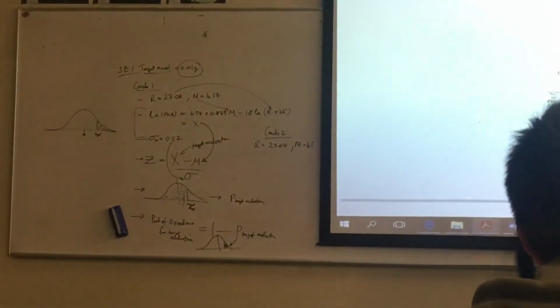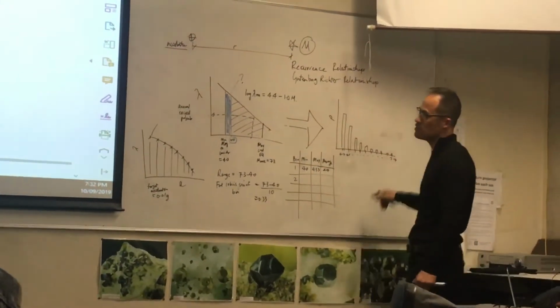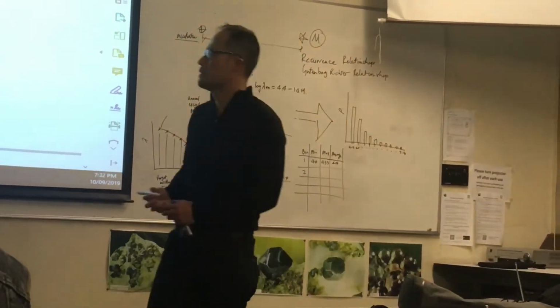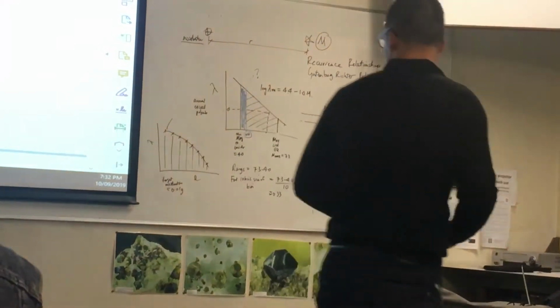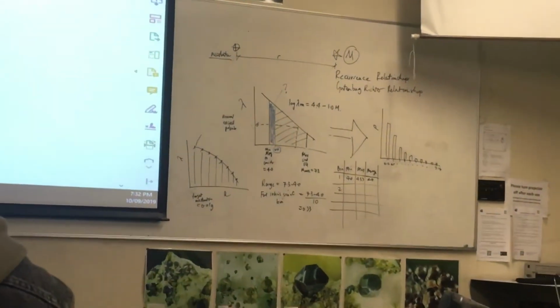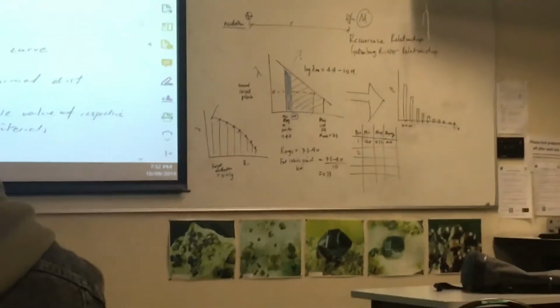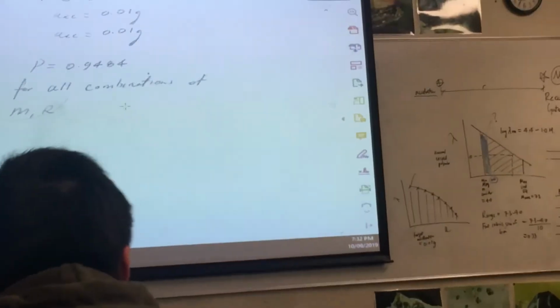We choose the next magnitude, and then 27.04 with this magnitude and this magnitude, all 10 magnitudes. You need to calculate that for all combinations of M and R.